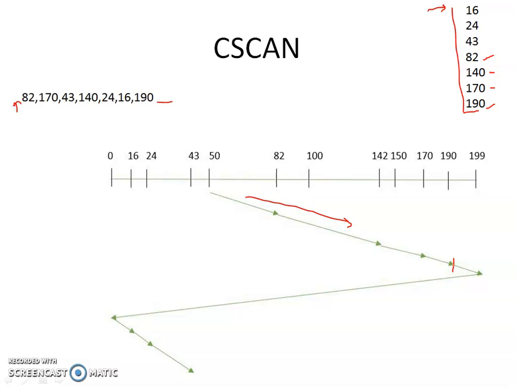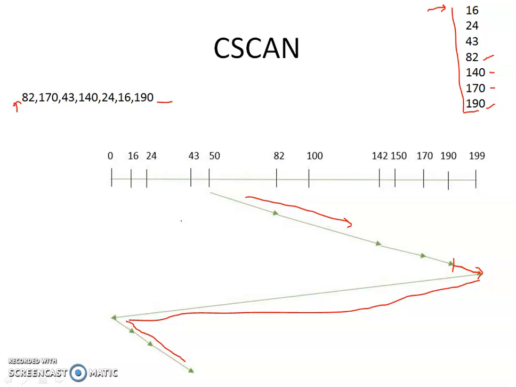So for that it moves towards the end of the disk, that is 199, and then it moves back without processing any request. And then again it moves towards the higher addresses, processing the unprocessed requests.